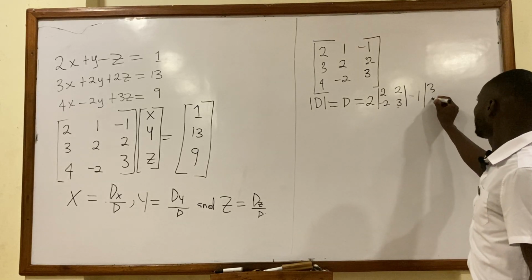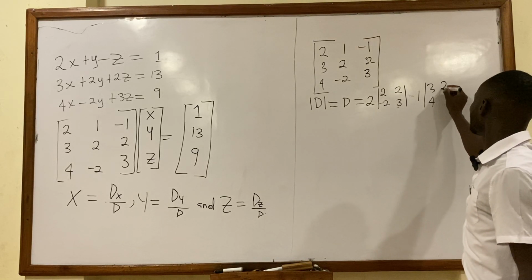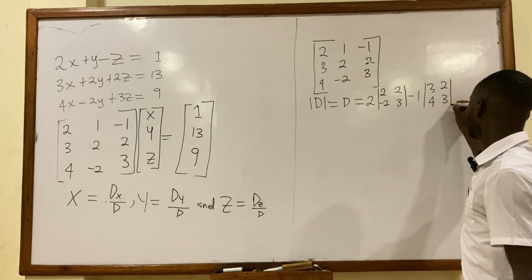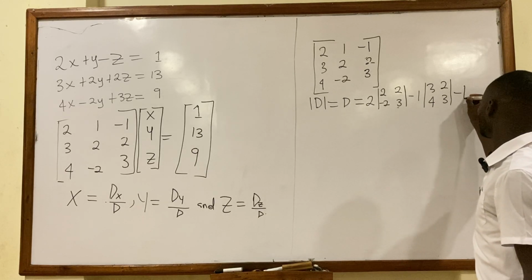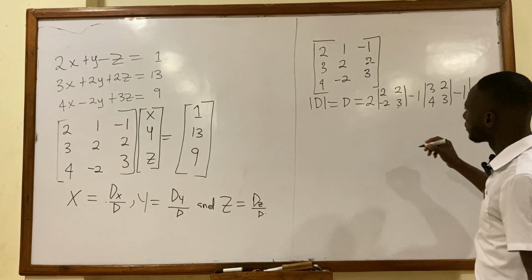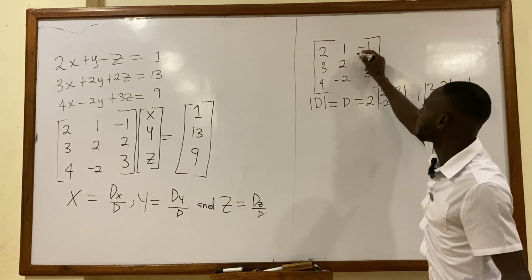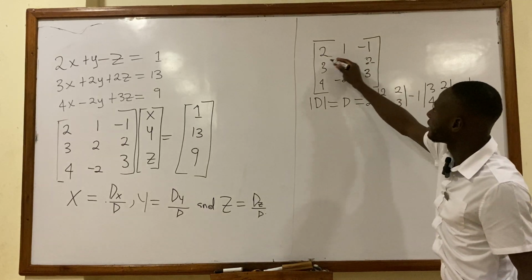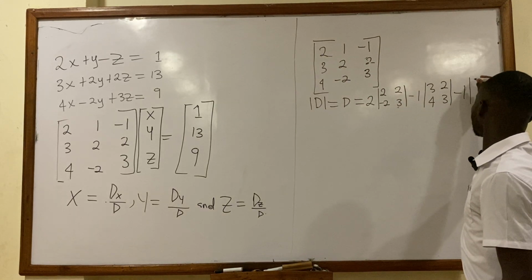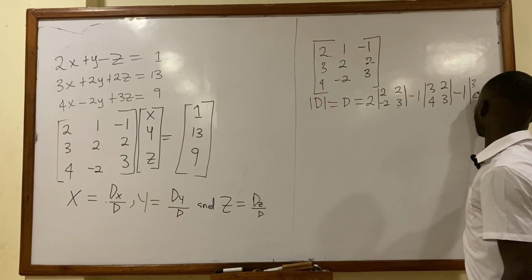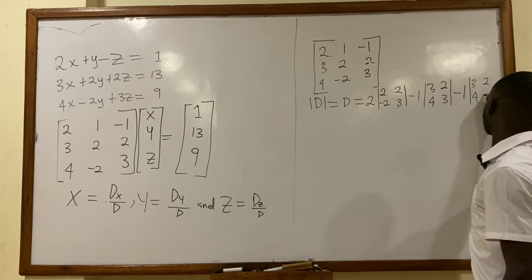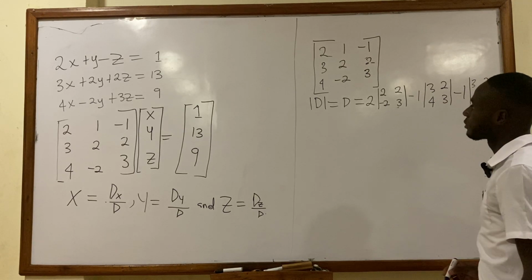So 3, 4, 2, 3. And then the last element is minus 1, which we will avoid this and the whole of this. So we have 3, 4, 2, and minus 2, right?